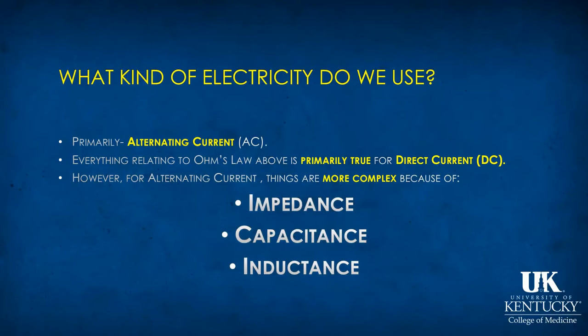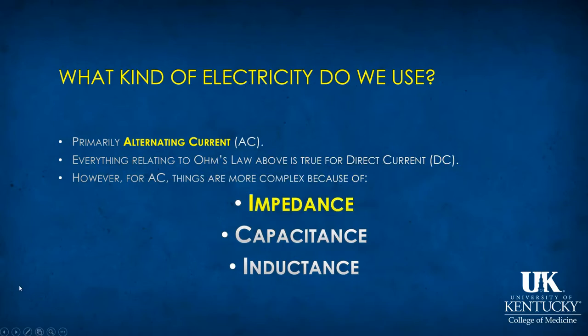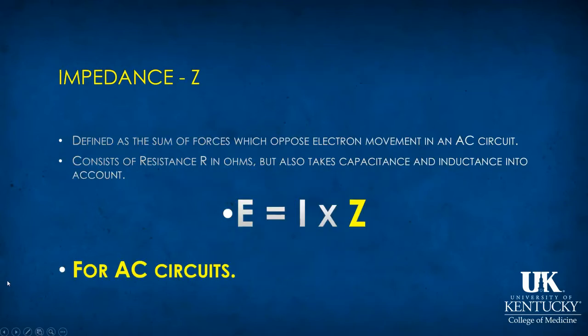For alternating current, things are much more complex because of impedance, capacitance, and inductance. Impedance is defined as the sum of forces which oppose electron movement in an alternating current circuit. It consists of resistance in ohms, but also takes capacitance and inductance into account.